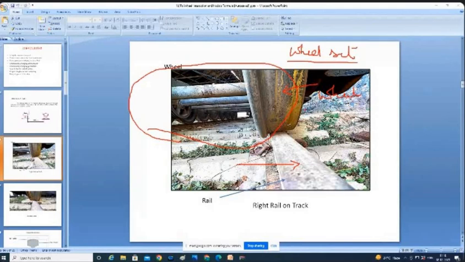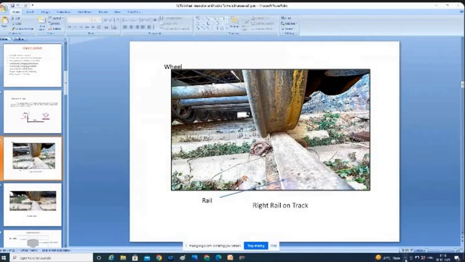Right. So now, always please remember, this wheel width, if you see in the coaching stock as well as wagon stock, we are maintaining at 127 mm.